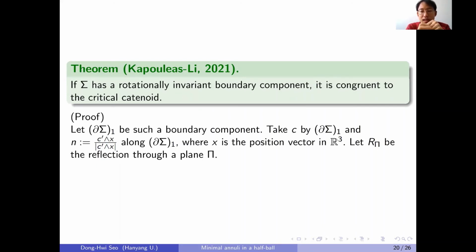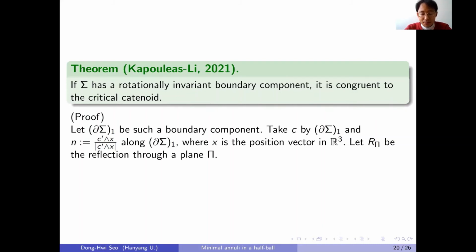Take an analytic curve along this boundary component, and a normal vector field along this curve given by the normalization of the outer product of the tangent vector and the position vector. So this is the Gauss map at the boundary point.